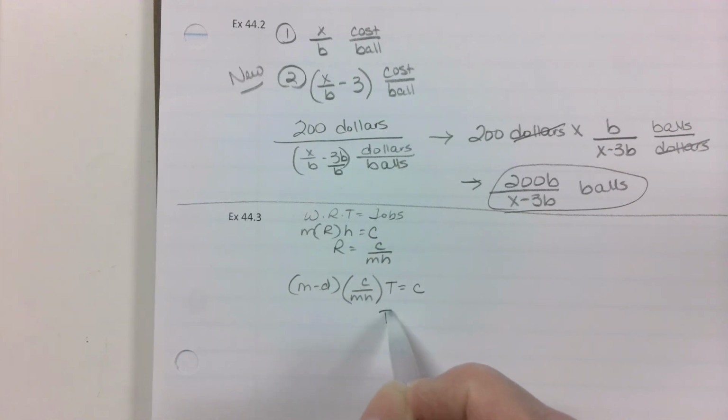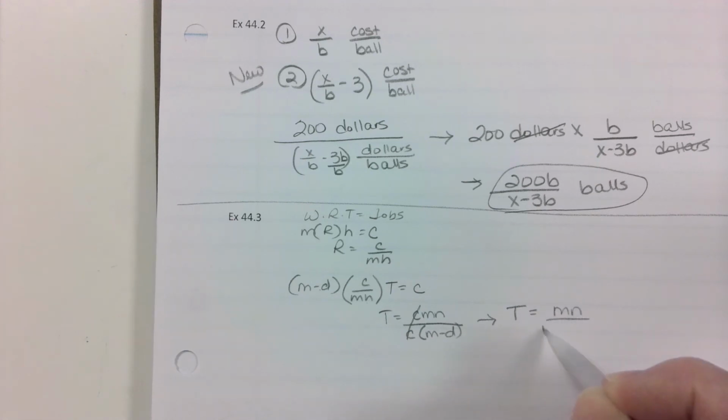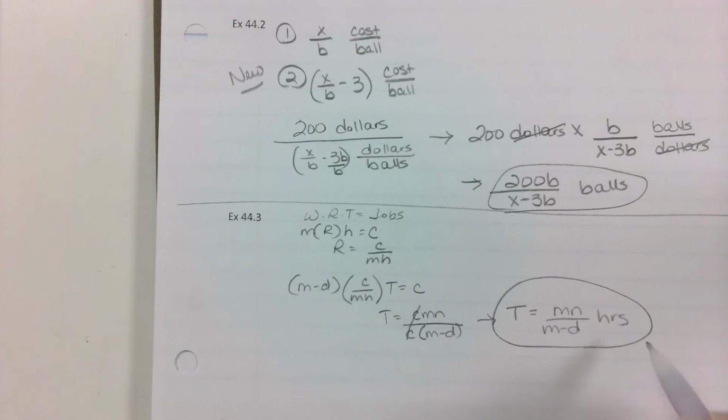So to solve for T, I'm going to multiply by the reciprocal. So it's CMH, and then in the bottom is this. So C times M minus D. And you can multiply that out, but the problem is when you multiply it out, you may not see easily, but those are going to reduce. So you're going to get MH over M minus D, and this is in hours. I hope that's helpful.